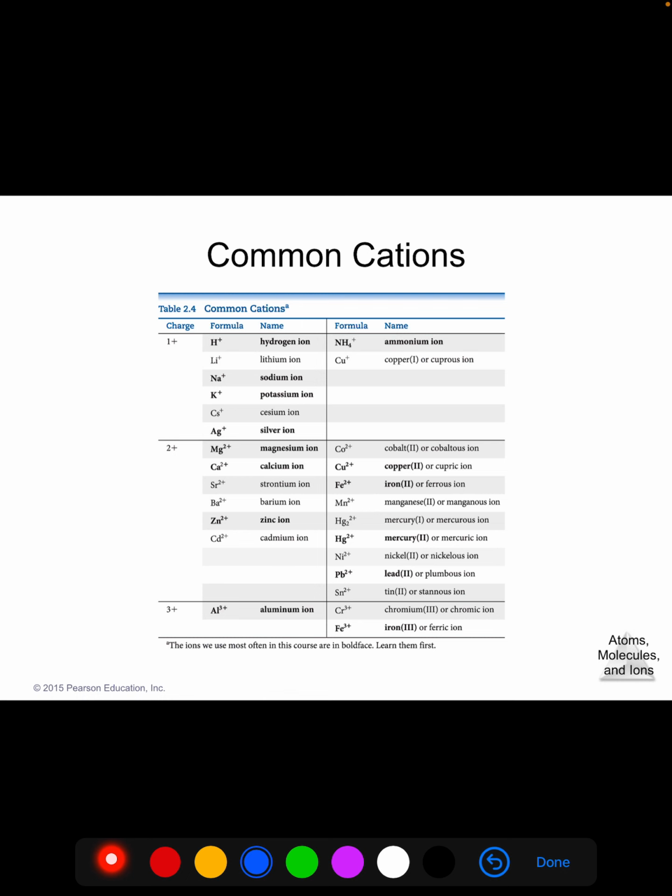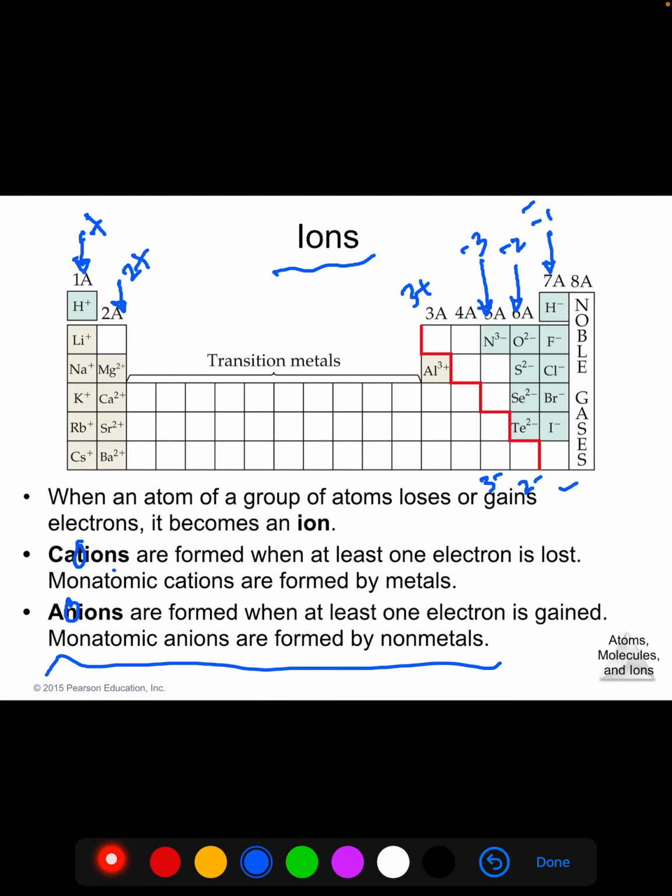The cations, if you look, metals tend to form cations. We haven't talked about metallic bonding yet, but metals are viewed as nuclei floating in a sea of electrons when we talk about how metals are bonded to each other to form a large chunk of metal with a lot of atoms in it, and they have an excess of electrons.